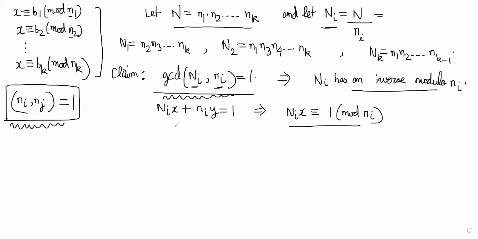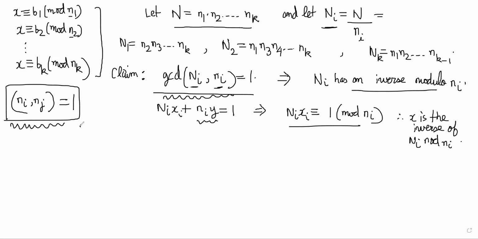Because this is 0 mod ni. So therefore, x is the inverse, right? x is the inverse of capital Ni mod small ni. Correct. So now we know that there is such an x. So let's call that xi, actually, xi, right?